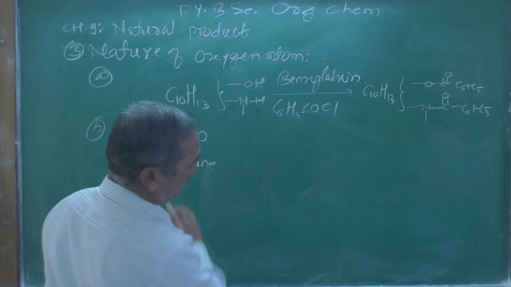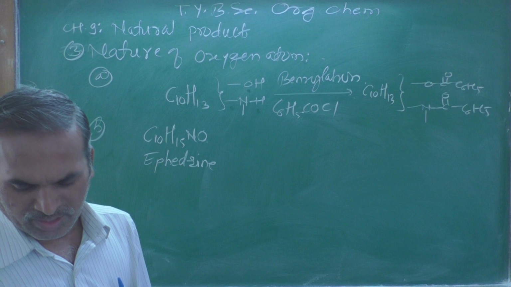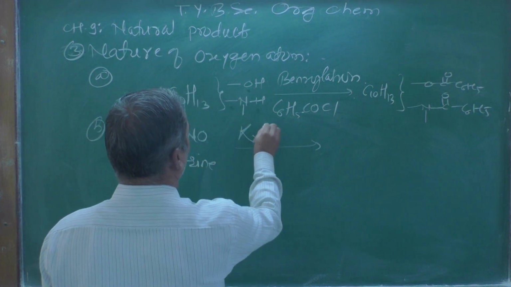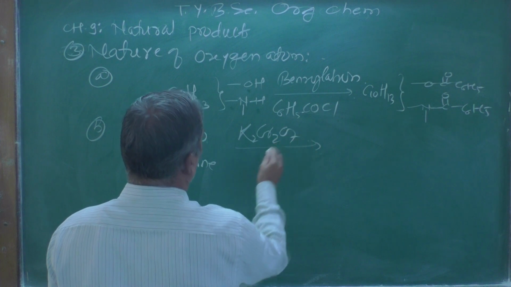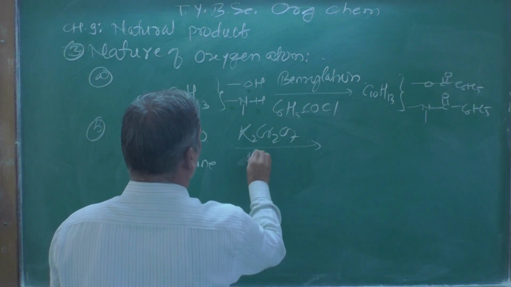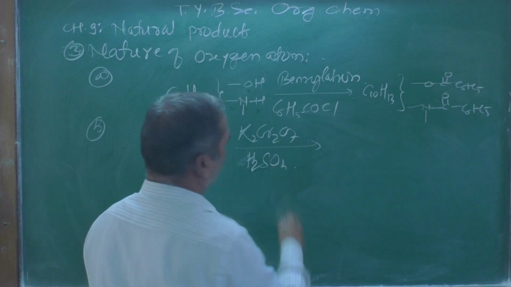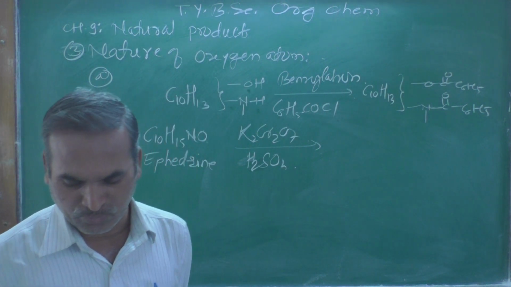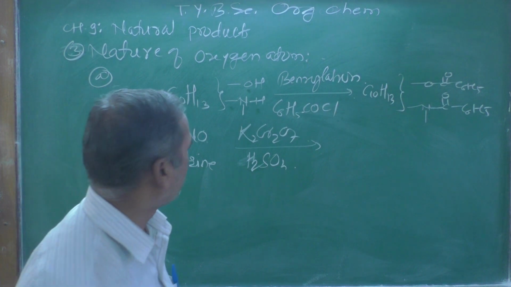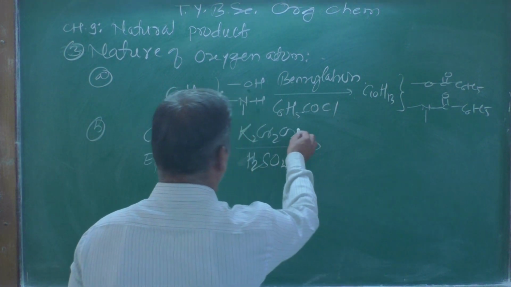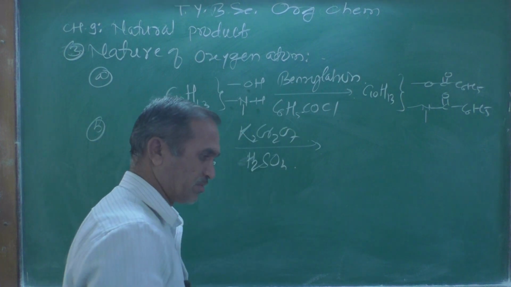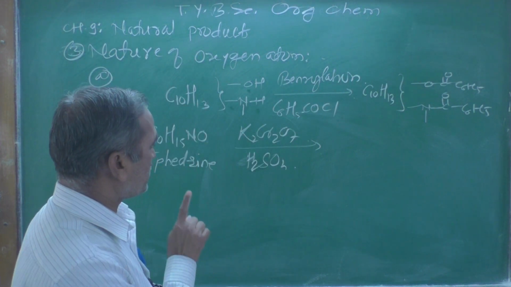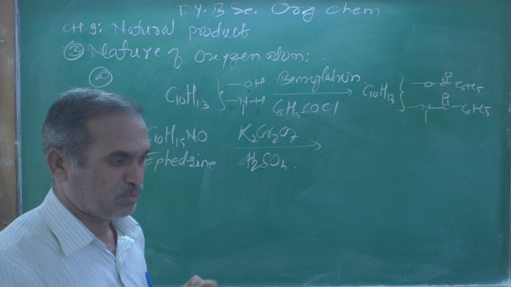Ephedrine, when treated with Jones reagent, which is K2Cr2O7 in presence of H2SO4. Generally, dilute H2SO4 means 2 normal H2SO4 is employed. This is the reagent K2Cr2O7 in presence of dilute H2SO4.